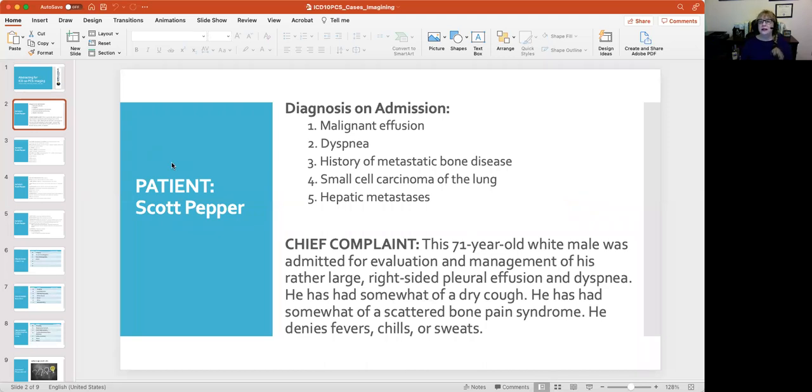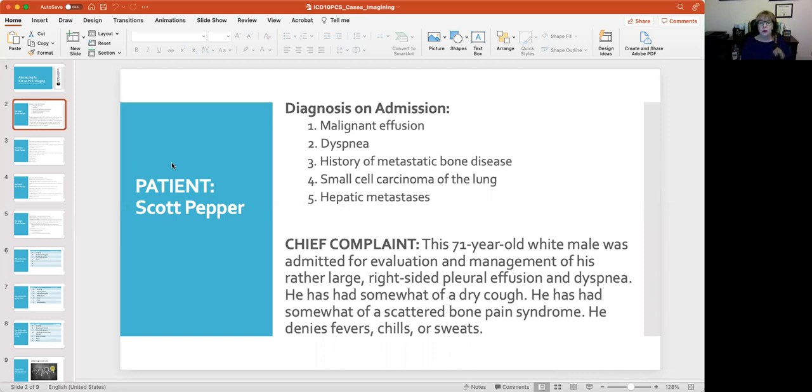The patient is Scott Pepper. Diagnosis on admission, malignant effusion, dyspnea. Remember medical terminology: dyspnea is difficulty breathing. History of metastatic bone cancer, bone disease. Oh, that's sad.